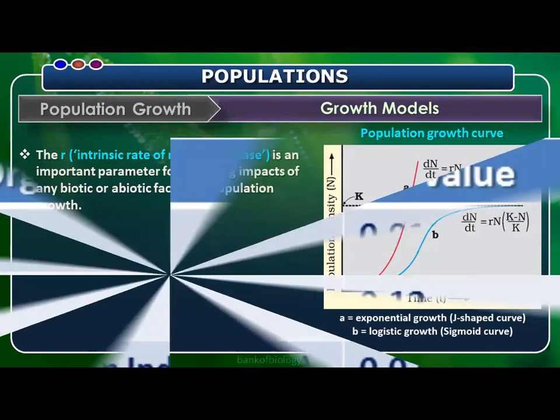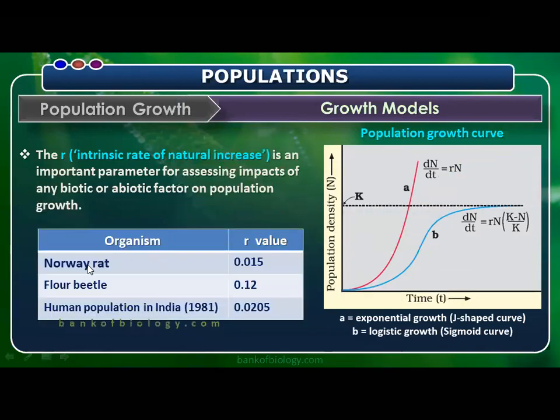in the population growth. For example, the Norway rat has an R value of 0.015, the flour beetle 0.12, and the human population in India 0.0205. It comes by R equal to, remember once again, R equal to B minus D. When we calculate the birth rate minus the death rate of a year, we get the R value.